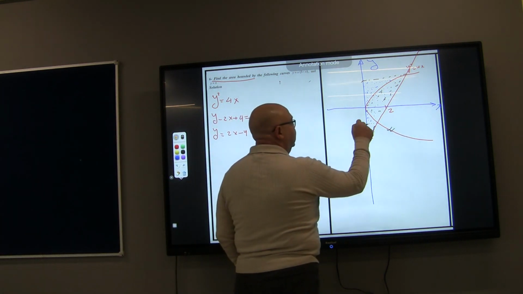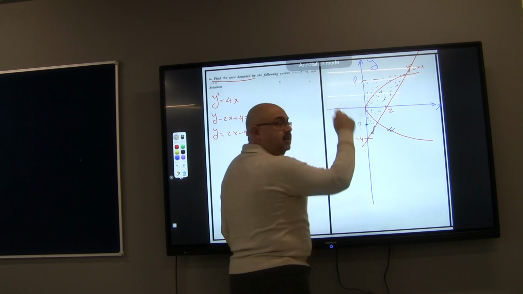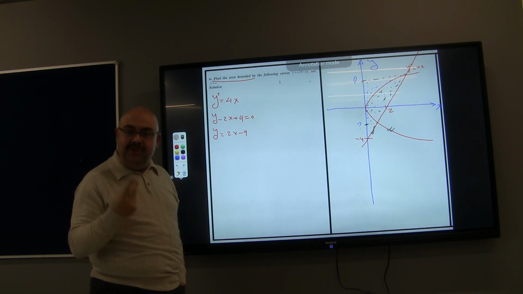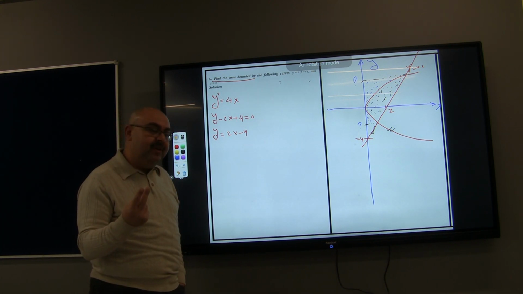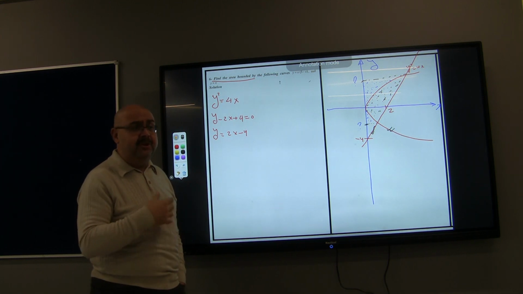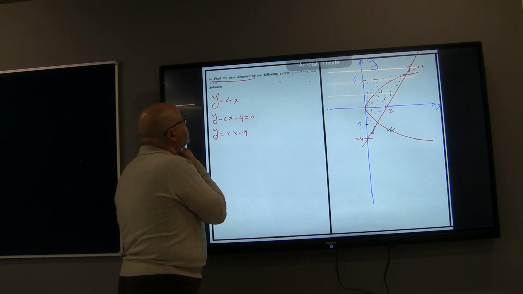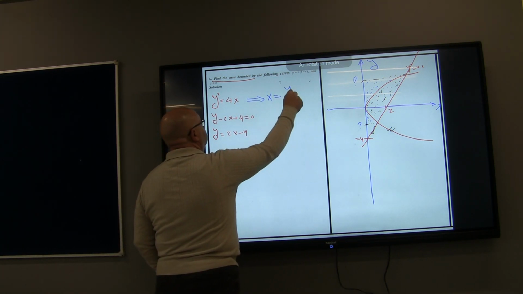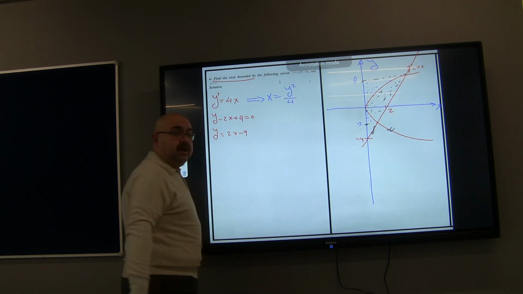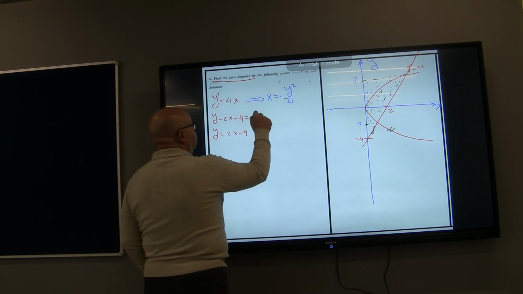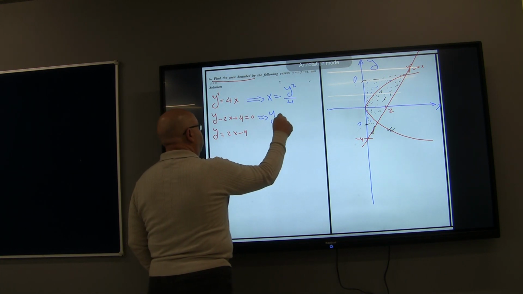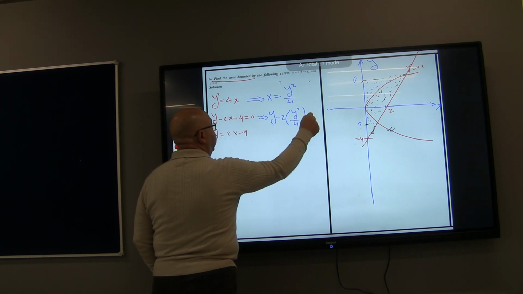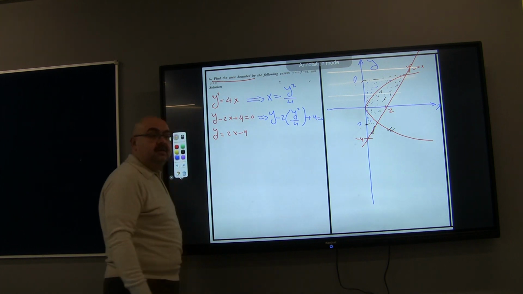Integration limits هتمشي من عند البوينت دي up to البوينت دي. مش كده برضه؟ طب البوينت سي اطلعها ازاي؟ I will have to solve the two equations of the two curves together. يعني it means you will have to substitute from one of them into the other. طيب ايوه خليني نعمل ايه؟ خليني اقول ان الكيرف ده اقدر اقول ان x will equal to y squared over 4 صح كده؟ والكيرف اللي تحتيه ده عباره عن y minus 2 open bracket موجود جوه y squared over 4 والكلام ده بلس 4 والايكوال مين يا باشمهندسين؟ ايكوال 0.